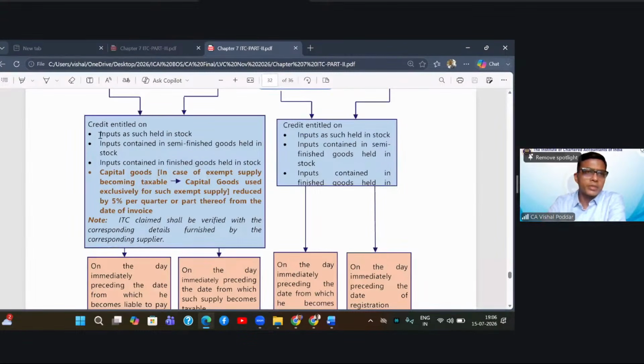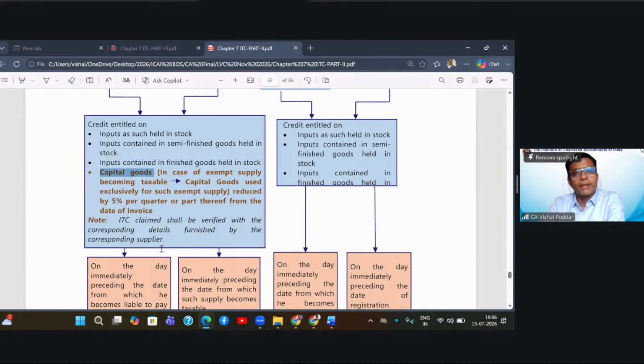And what is the difference in the second category? Where you are already registered, but you are switching from composition to regular or from exempt to taxable, you are eligible to take credit of goods which are lying in your stock as inputs or even in your stock as capital goods.